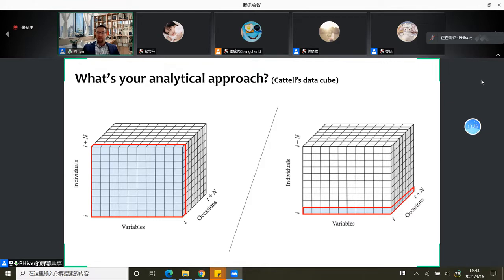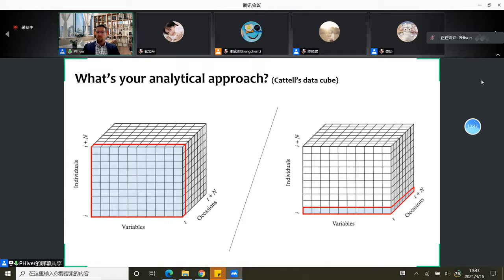But the second type of study can address totally different kinds of problems, and it can answer totally different kinds of questions. In this case, a high T design, a longitudinal study, can reveal change over time, and it can also help us understand intra-individual variation.